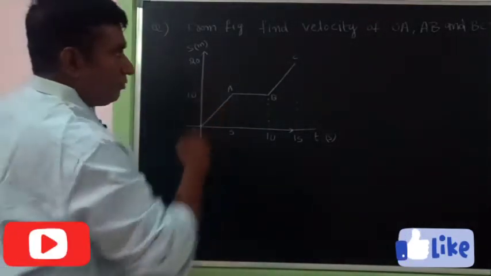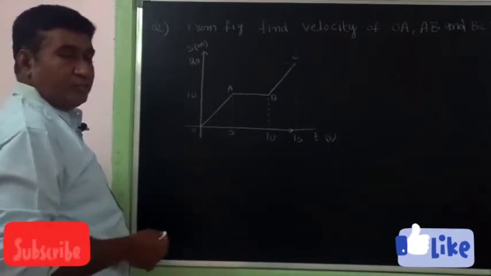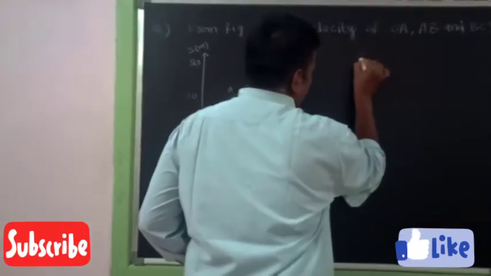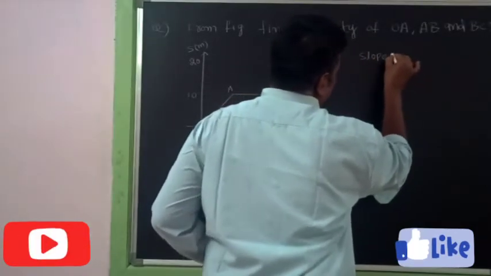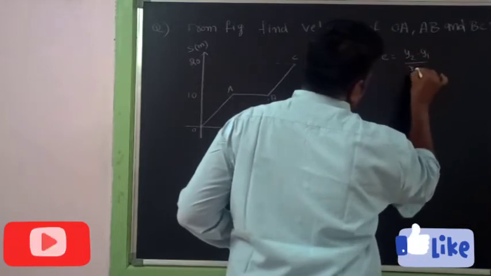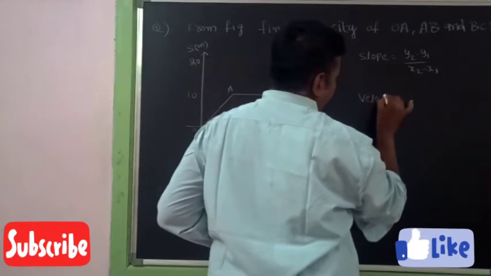So we have to find the velocity. For a displacement time graph, the slope is y2 minus y1 by x2 minus x1, which is nothing but velocity.